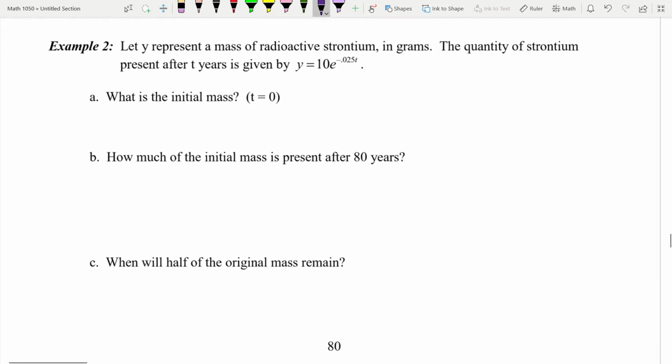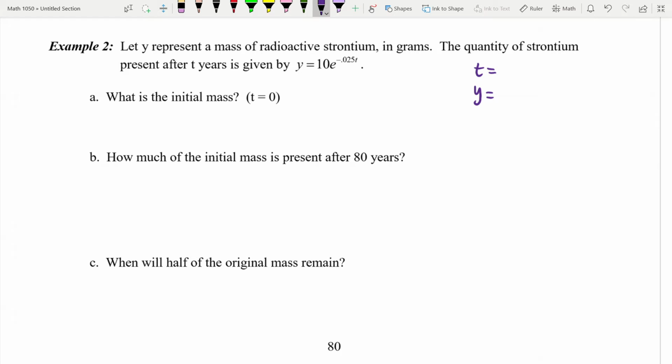Question 2. Let Y represent a mass of radioactive strontium in grams. The quantity of strontium present after T years is given by this equation. Okay, everybody go T equals and Y equals. Remember on test 2, some of you were doing word problems and you didn't write that down and then you started getting mixed up.